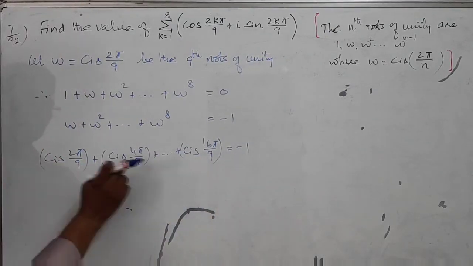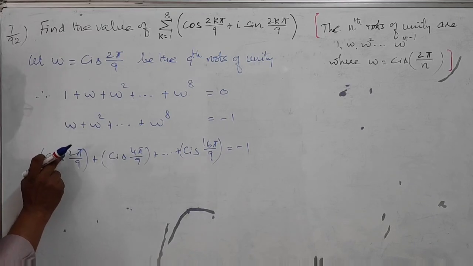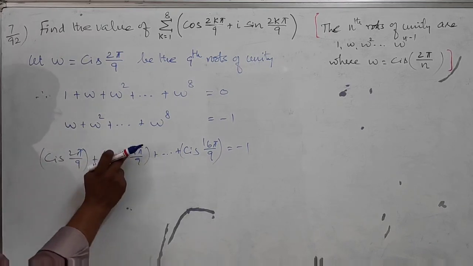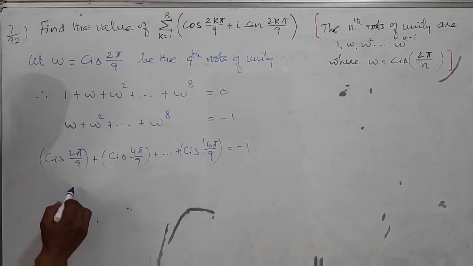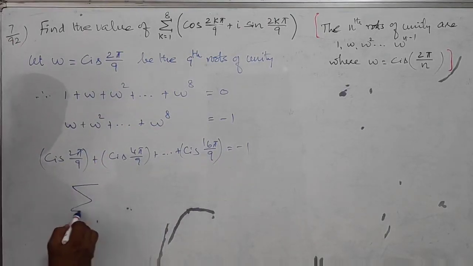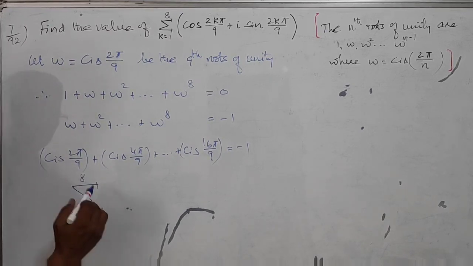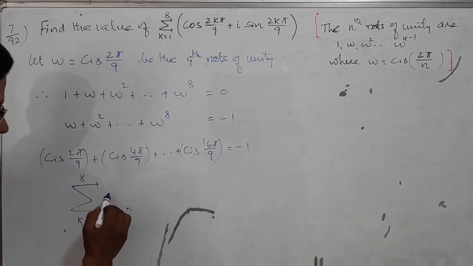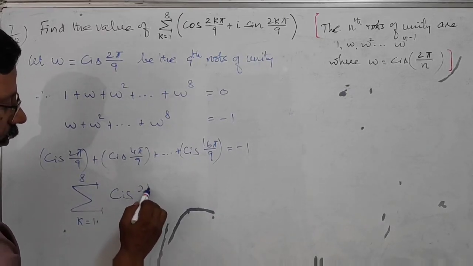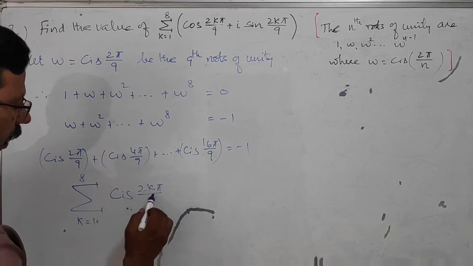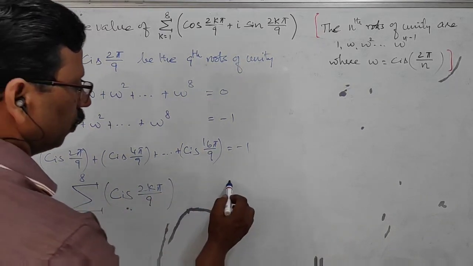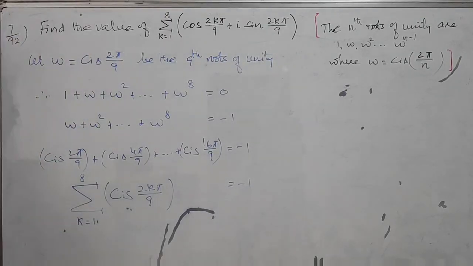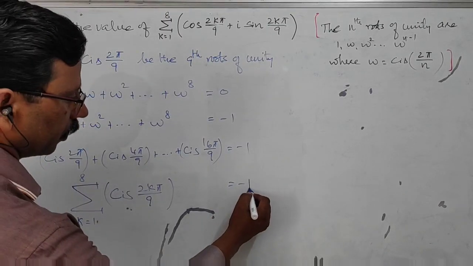Now here, in cis form everywhere you are getting 2 pi by n, 2 pi by n into 2, 2 pi by n into 8, like that. These are 8 terms. Therefore this can be abbreviated as summation k ranges from 1 to 8 of cis 2k pi by 9, which is equal to minus 1.